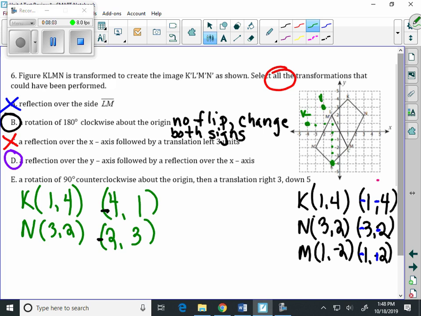So here's our new N, but now we have to translate right 3. 1, 2, 3, and down 5. 1, 2, 3, 4, 5. This one lands on M. It doesn't land on N. Again, OST likes to trick you. It is not option E.